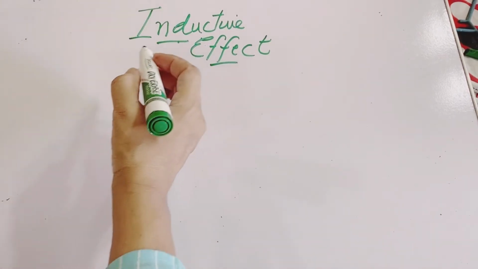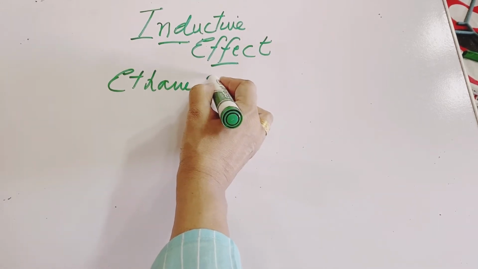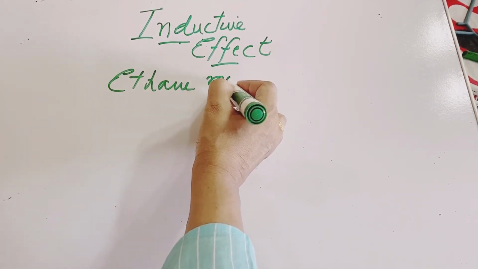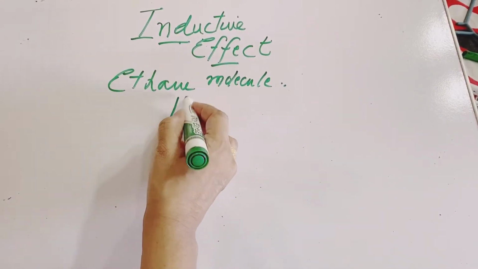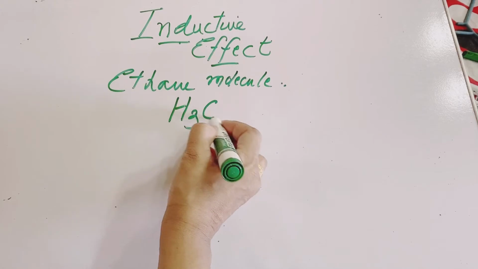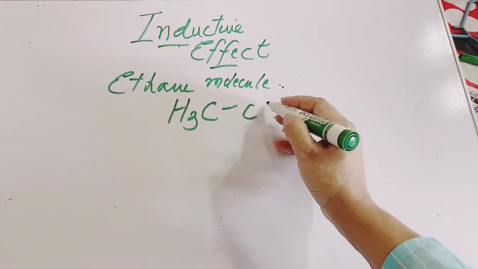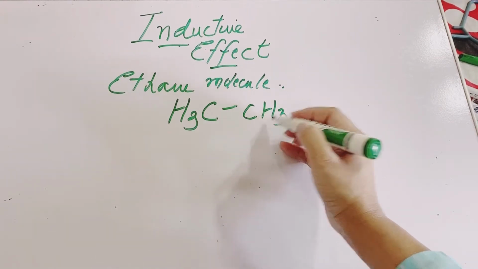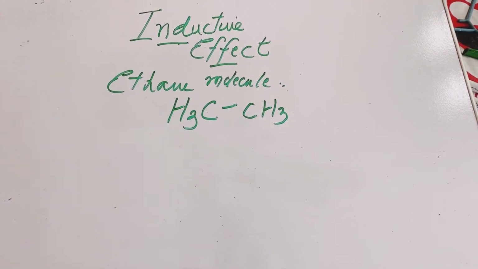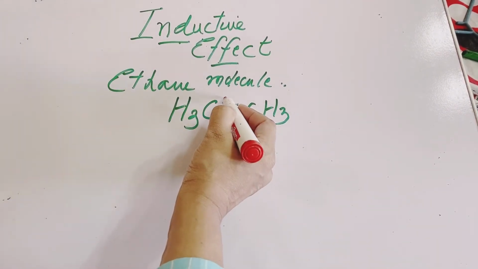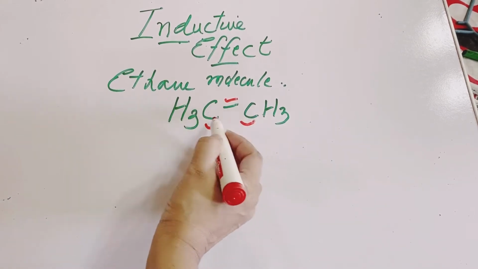Let's discuss the ethane molecule, CH3 bonded to CH3. Now, what I was explaining right now was about this bond, the one that is shared between these two carbon atoms.